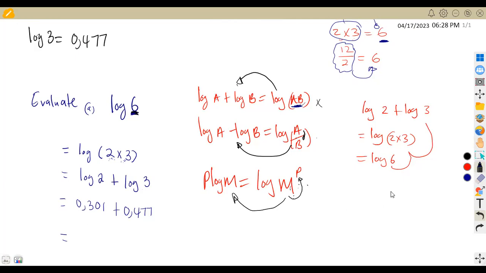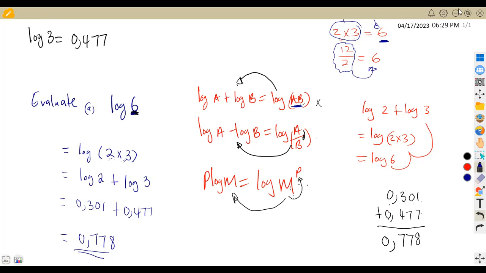So this is going to be 0.301 plus 0.477. You add 1 and 7, which is 8, 0 plus 7, which is 7, 3 and 4, which is 7, comma, 0 and 0, which is 0. So this is going to give us 0.778. Are we seeing that we do not have any log? This is the exact answer for log 6.